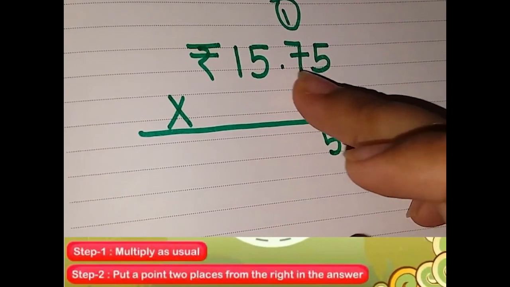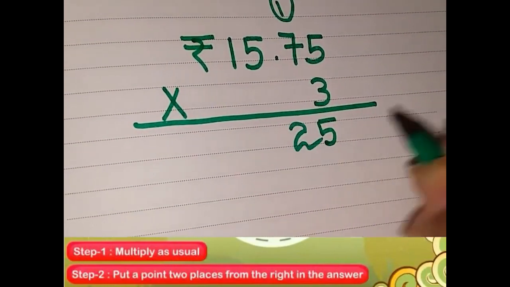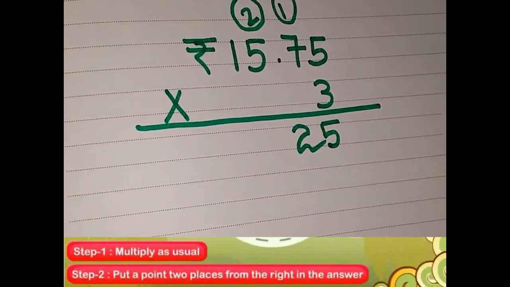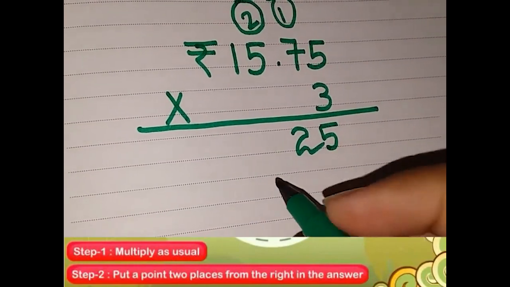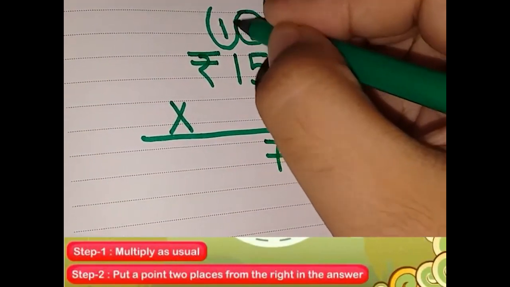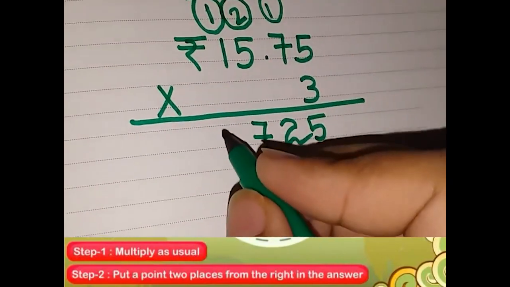Then 3 7s are 21. 21 plus 1 is 22. Write 2 over here and carry over 2. Now 5 3s are 15 plus 2 is 17. We will write 7 over here. Carry over is 1. Then 3 1s are 3 and 1 is 4.